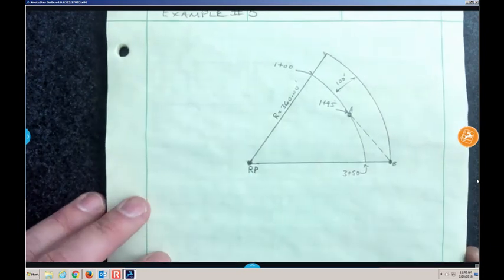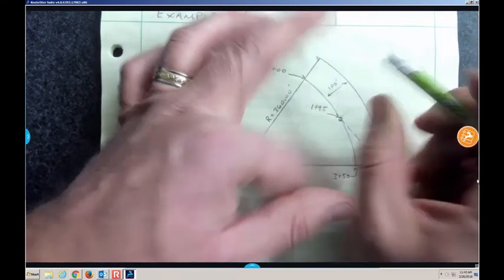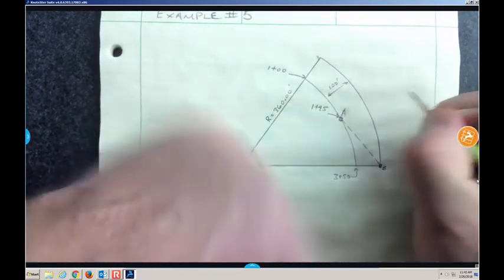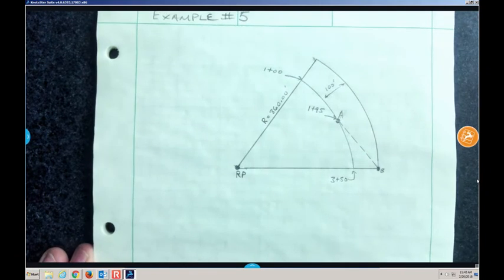Is that A on the center point of the arc? That is A. I'll write it bigger so you can see. So that is the center point of that arc? It's not a center point. No. If you look at the stationing, it's not a center point. It's just drawn that way graphically. I didn't draw it to scale. Okay.